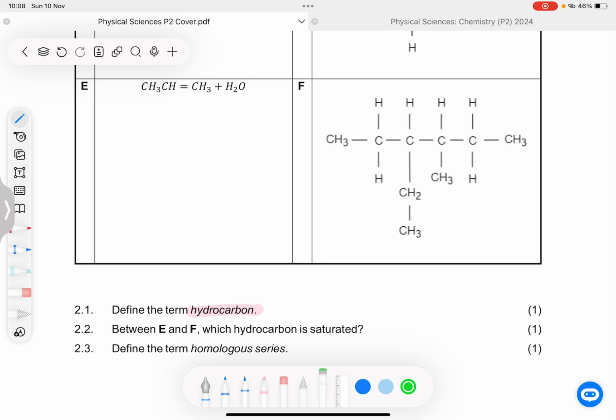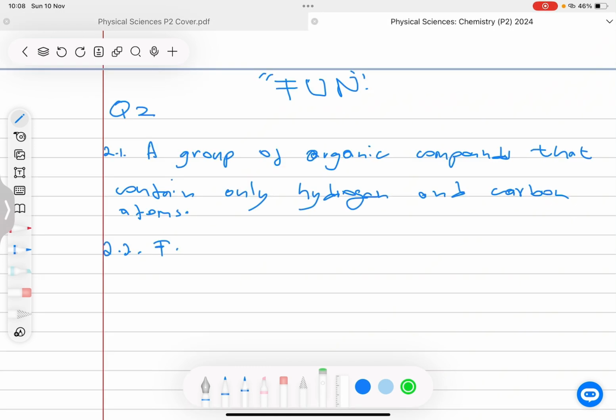They say here, define the term homologous series. Again, this involves us having studied and memorized our work.